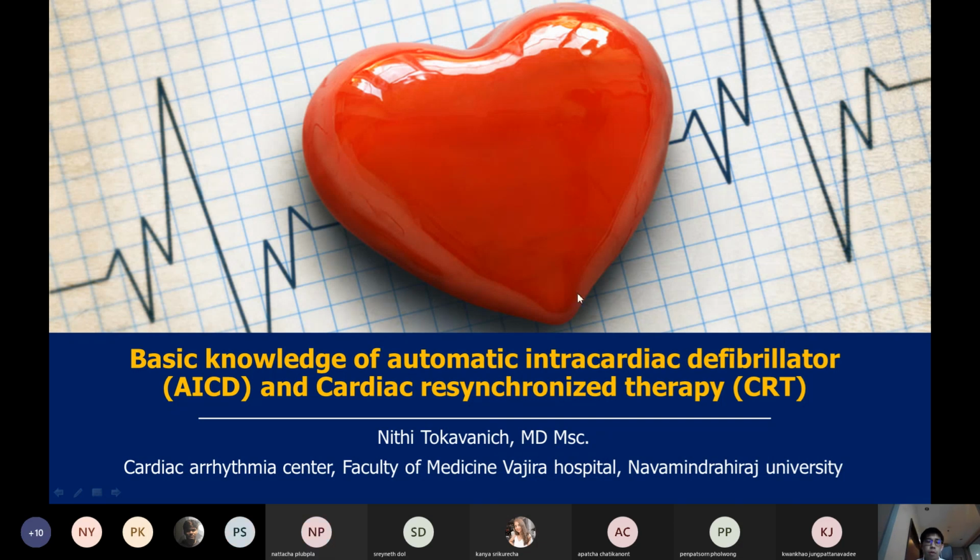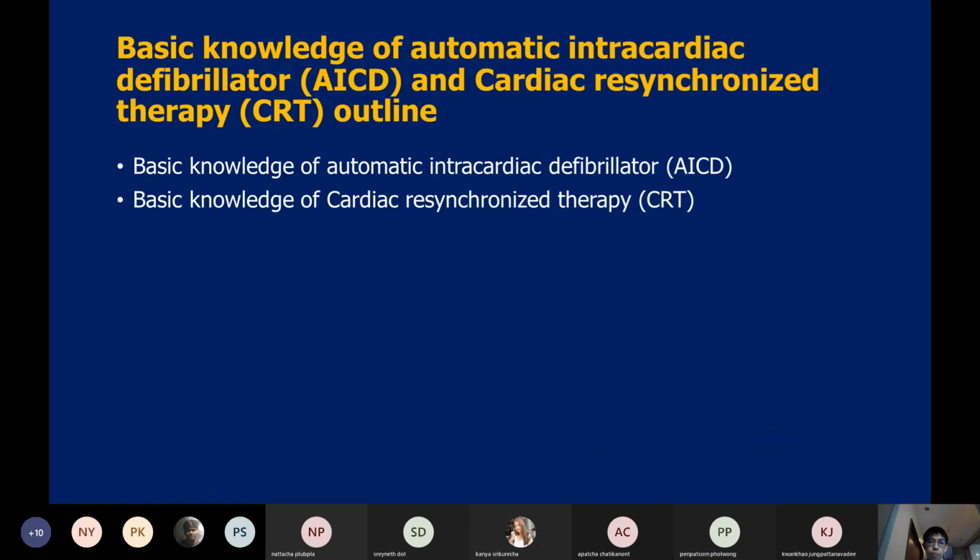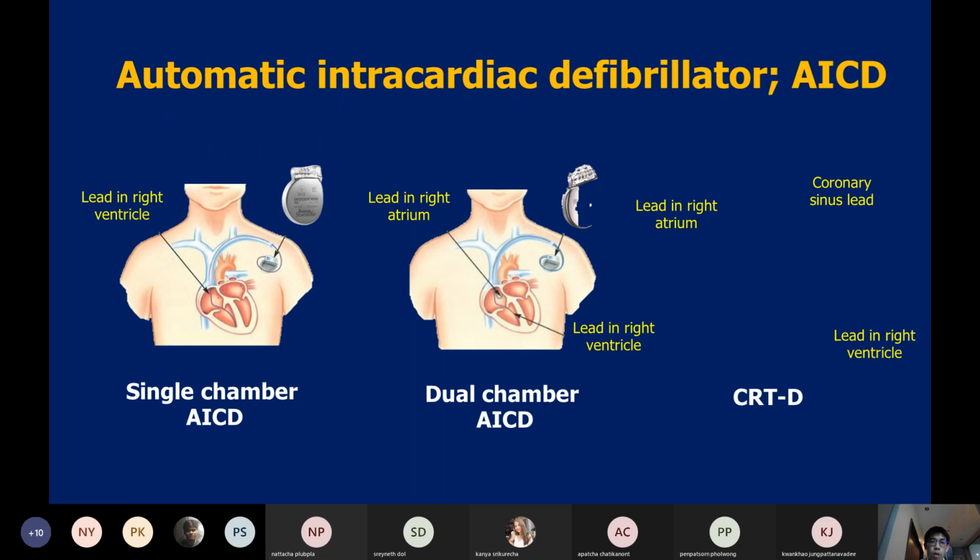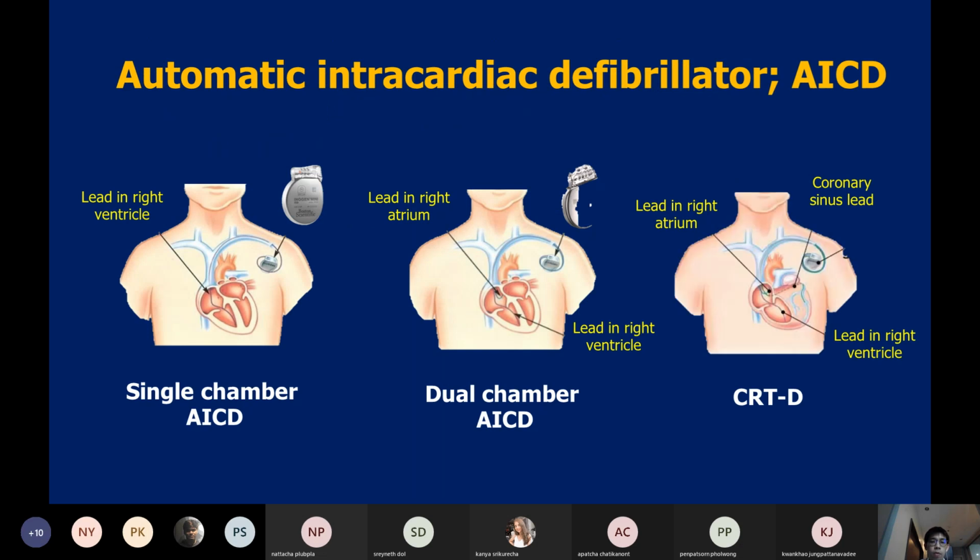Okay, the next topic is the basic knowledge about the automatic implantable cardioverter defibrillator and cardiac resynchronization therapy. The outline is this. As we mentioned before, there are 3 types of ICD: the single chamber ICD, the dual chamber, and the CRT-D. All of them have a pacing function.